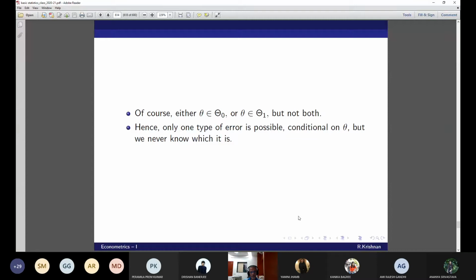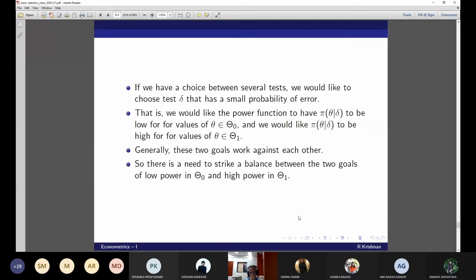Of course, either theta belongs to theta naught or it belongs to theta 1, but not both, because they are disjoint. Only one type of error is possible, conditional on theta, but we never know which one we are committing. So if you have a choice between several tests, we would like to choose a test delta that has a small probability of error.